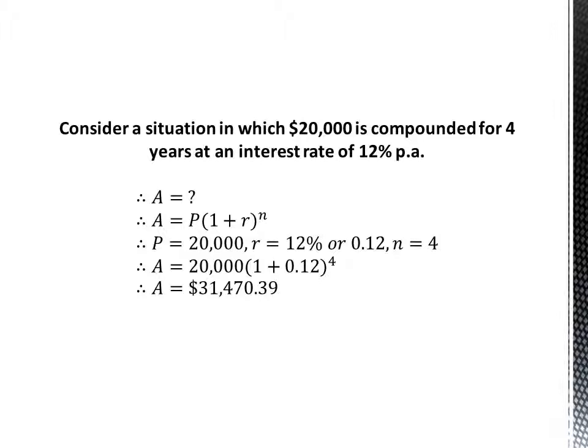So, we have P, which is 20,000, R, or the rate, which is 12%, or as a decimal 0.12, N, the amount of years, 4 years. So, when we substitute these values into the formula, we have 20,000 in brackets 1 plus 0.12 to the power of 4, and this totals to $31,470.39.